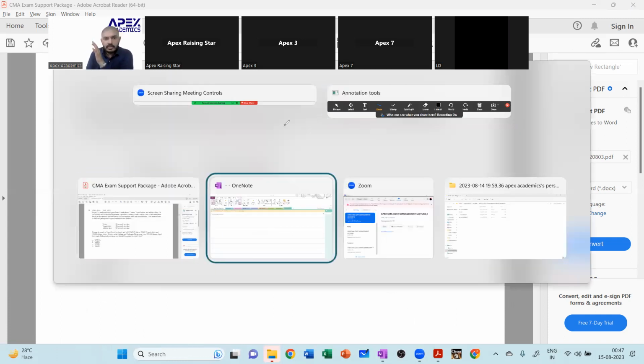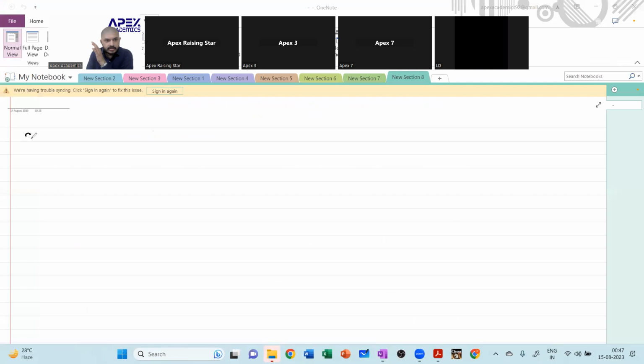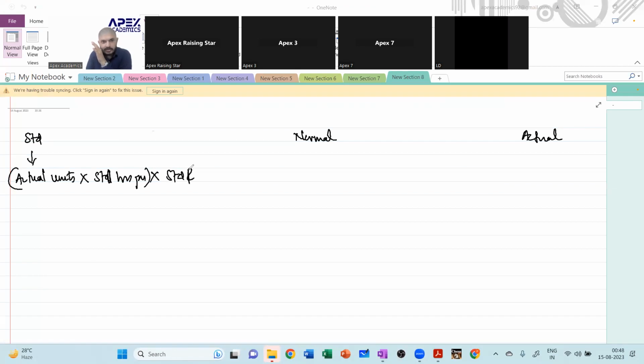What we did: standard, normal, actual. Standard is actual units multiplied by standard hours per unit multiplied by standard rate per hour.